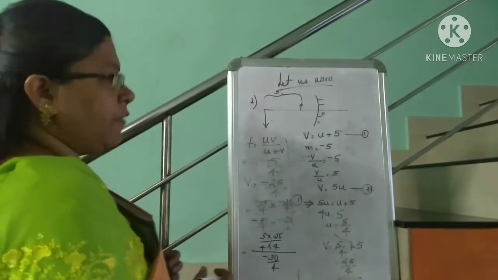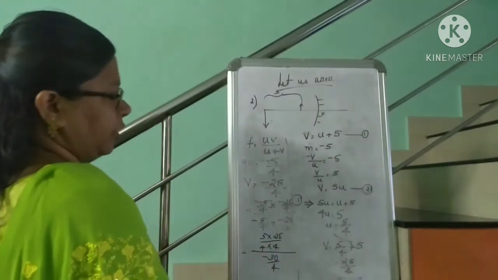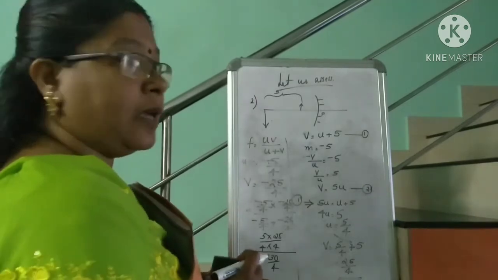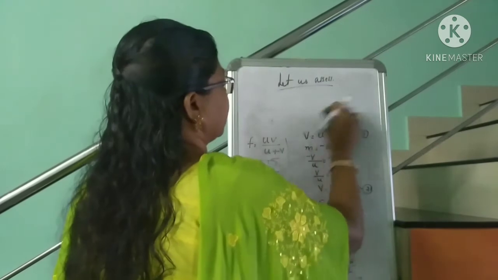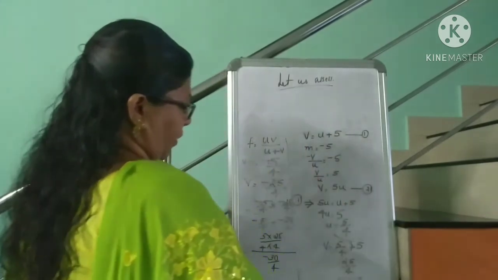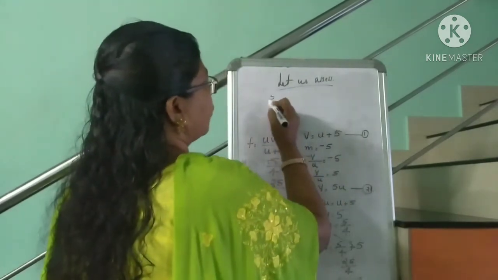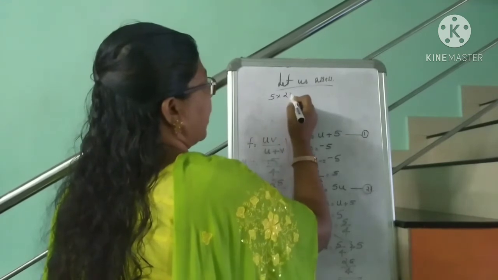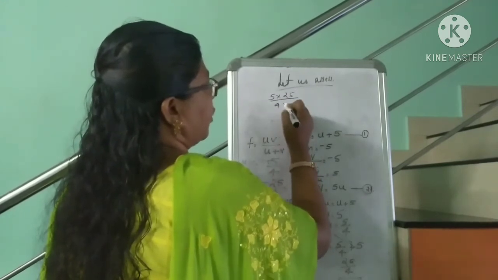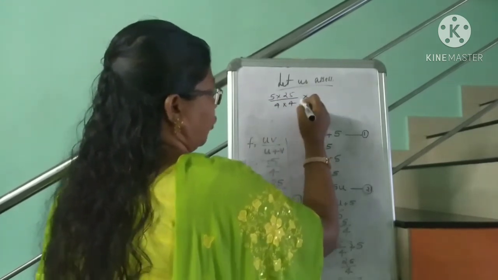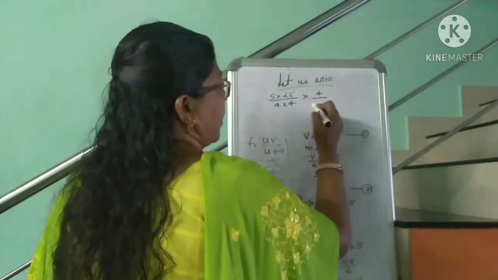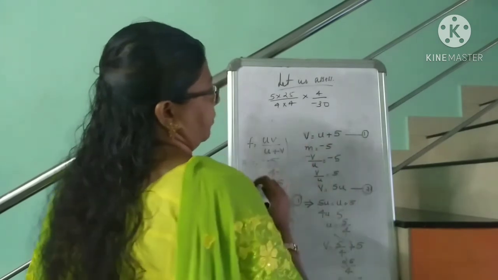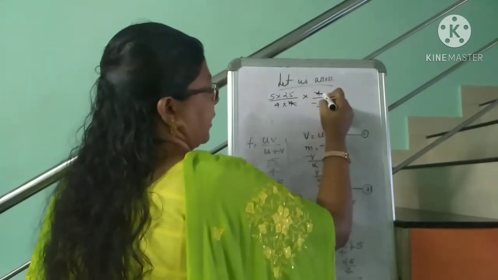You have already learned what is division. Division means multiplying by the reciprocal. So we will do it easily. That is 5 into 25 by 4 into 4 into, then you should reverse it, 4 by minus 30. 4 and 4 get cancelled.